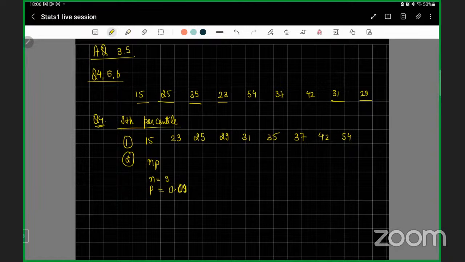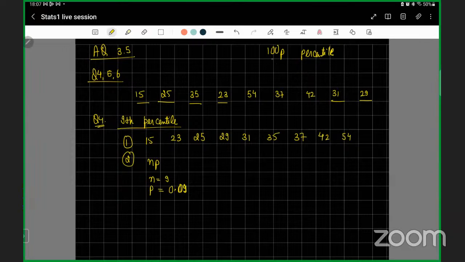Ma'am, what is the purpose of writing this 0.09? Because you're finding the 9th percentile, so we divide by 100. When you look at the formula, you say 100p percentile. 100p percentile means the data point for which 100p percent of the data is less than or equal to this value.